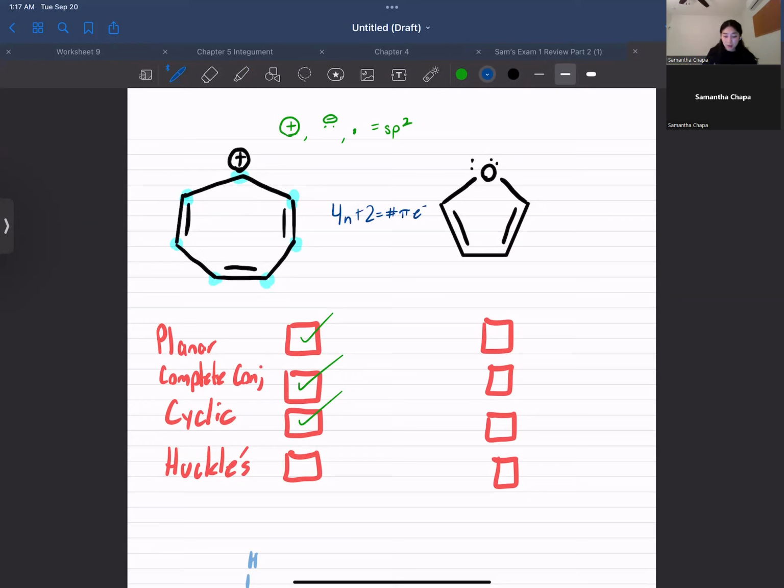For this compound, remember that in a double bond we have a sigma bond and a pi bond, and every bond has two electrons that make it up.